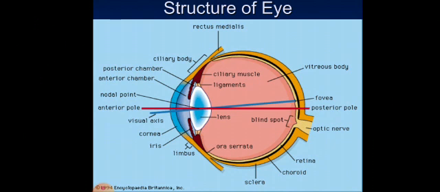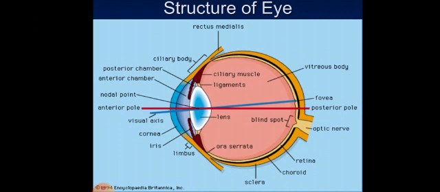From the posterior part, the optic nerve arises and proceeds towards the occipital cortex, where the image is perceived as a visual sensation. Each eyeball is surrounded by a cushion of fat and is placed within a bony cavity called the orbit.